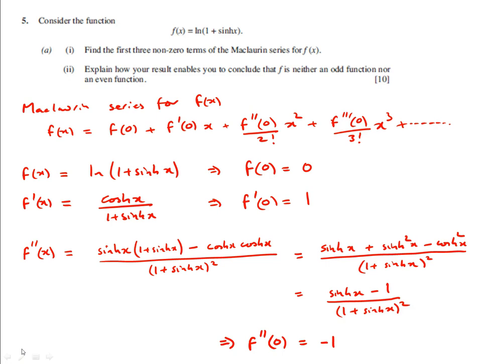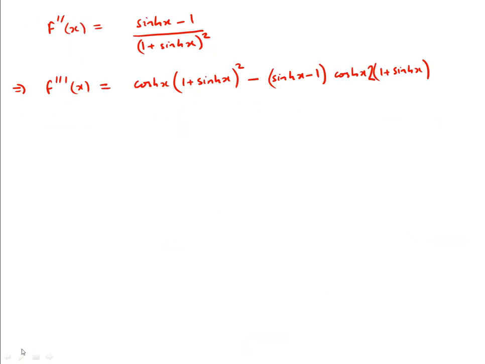It requires us to do another differentiation. So we know that the second derivative of f is sin x take away 1 over 1 plus sin x squared.